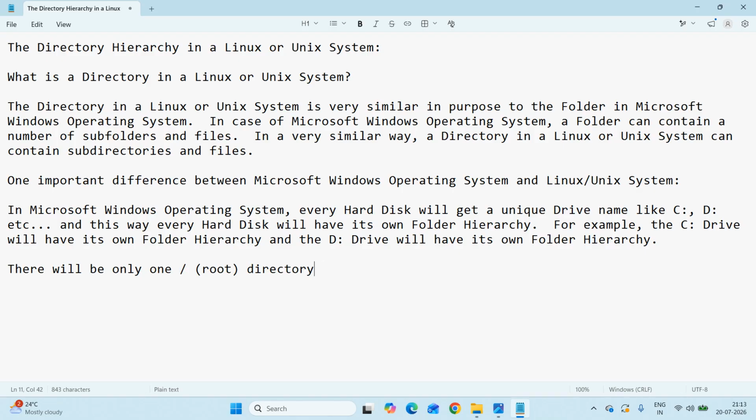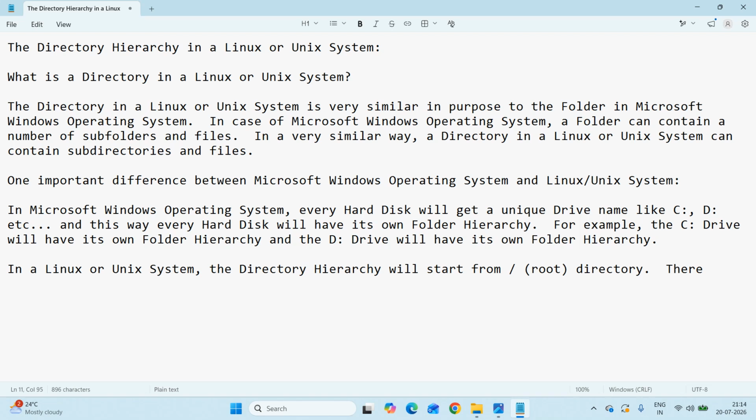Okay, so I'll clarify this better, people. I'll write from the beginning about the Linux and Unix portion here. In a Linux or Unix system, the directory hierarchy will start from what is called the root directory. And it is like this, people.